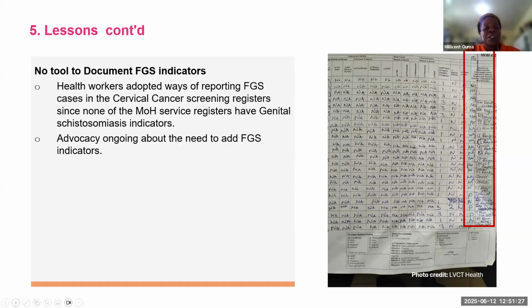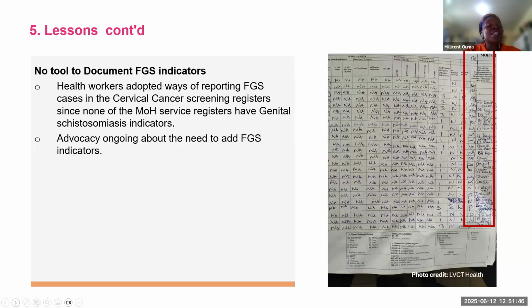The healthcare workers were quite innovative. Under the remarks section, just at the edge of the register, they would draw a line and indicate whether the FGS screening had been done and the outcome. Some would indicate 1 for negative, 2 for positive, and ND for not done.